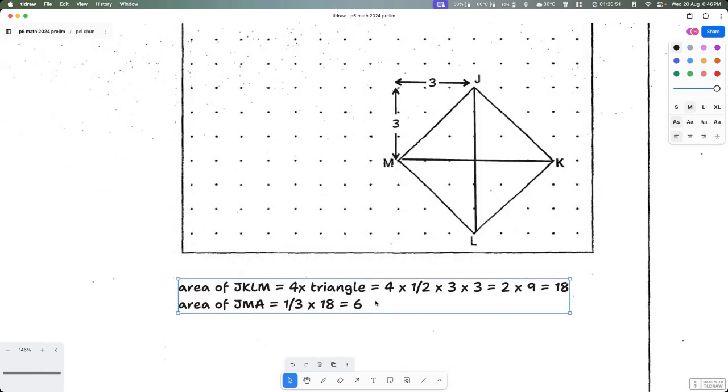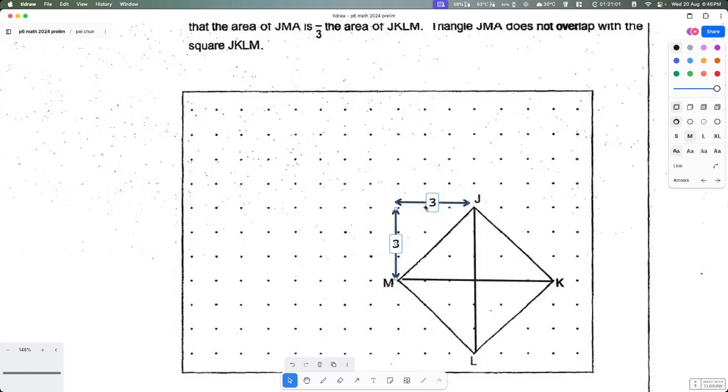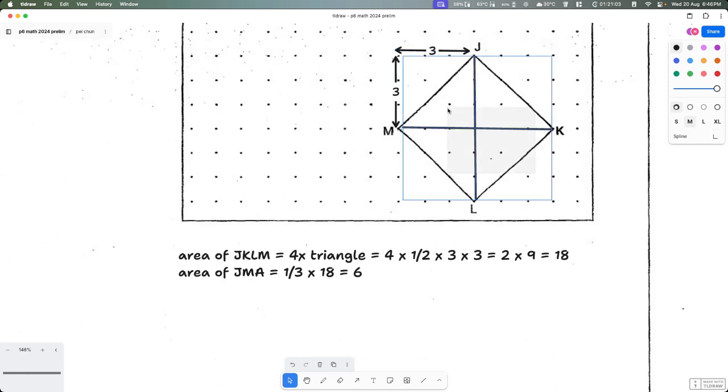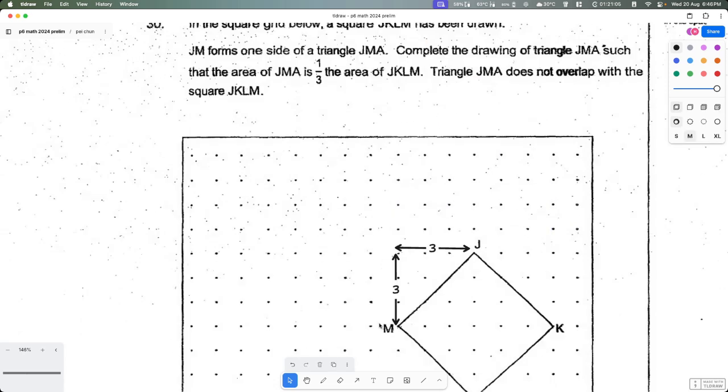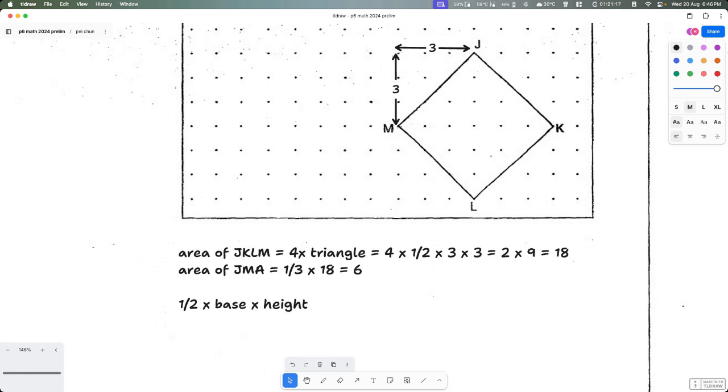So to get 6 worth of squares, is this any triangle? Right, so you see like 3 and 3, this can form another triangle, right? But if you half it, cannot, right? So in essence, to get 6 is half times base times height. Okay, so 6 is equal to half times base times height.